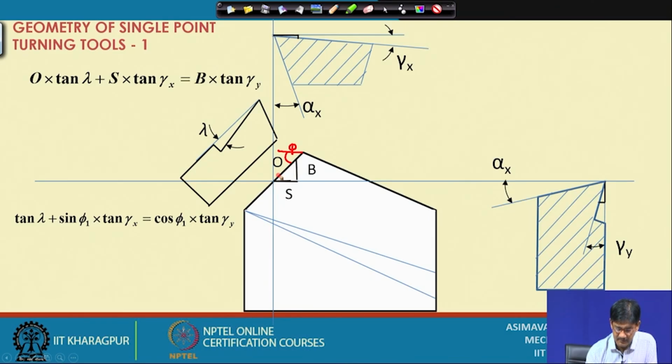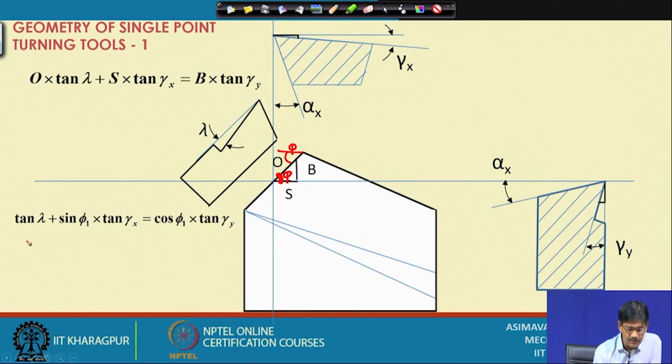So, this is equal to phi once again. Okay. Now, I hope this figure is clear enough for you to understand. So, if this is phi, then S by O will come out as cos phi.